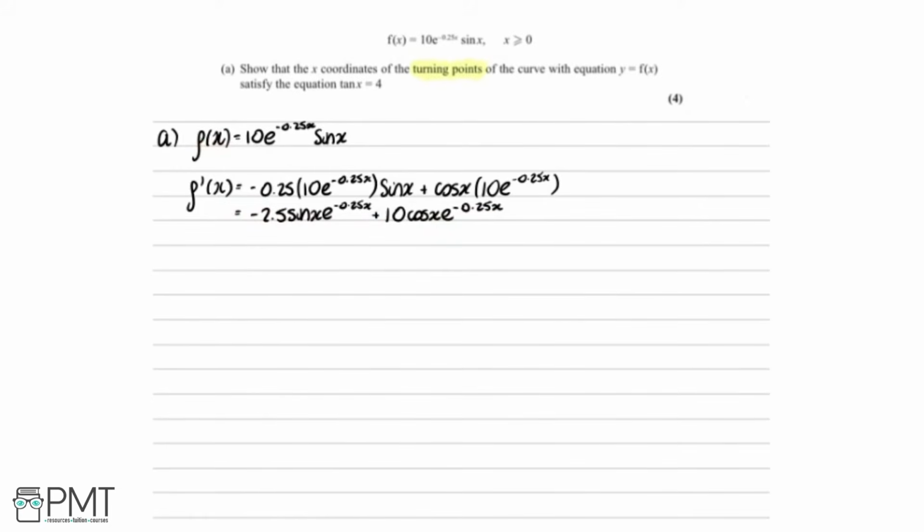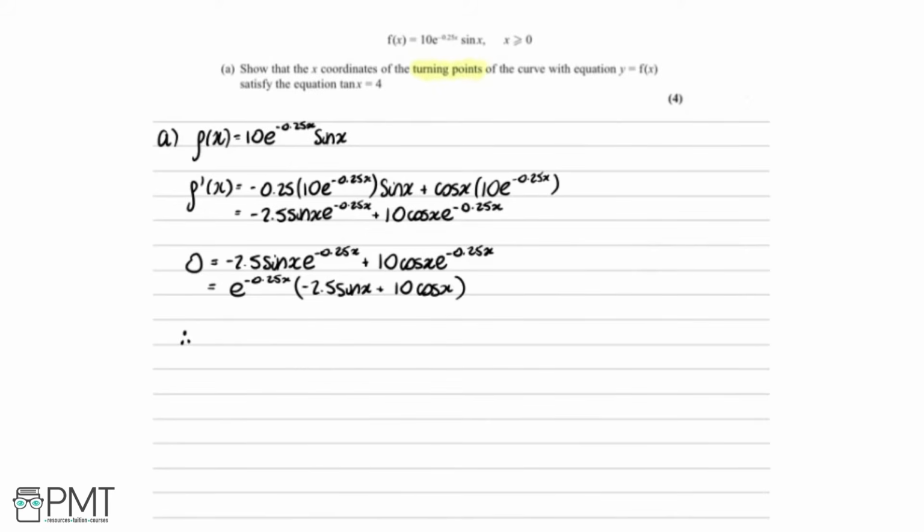So to find the turning points, we're going to set f dash of x equal to 0. So we're going to say 0 equals... Something that jumps out to me here is that we can factorise out the e to the minus 0.25x, because we can see that we've got that in both terms here. So doing that, we get e to the minus 0.25x multiplied by minus 2.5 sine x plus 10 cos x.